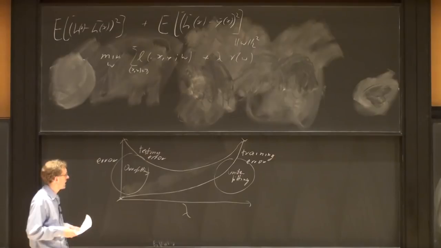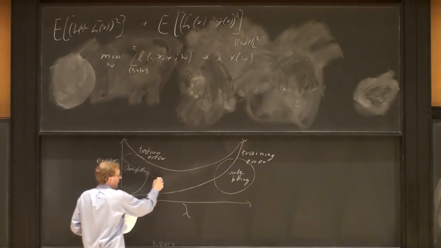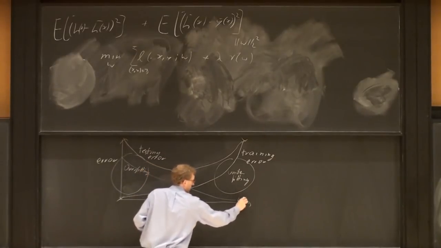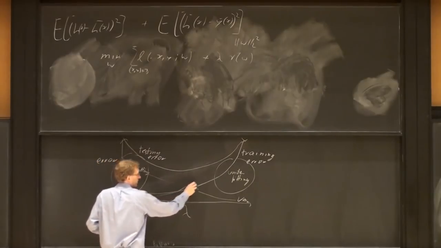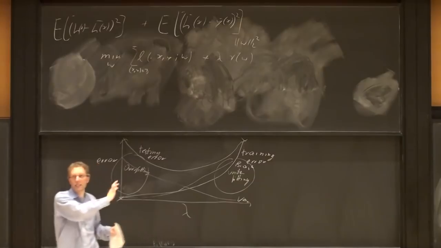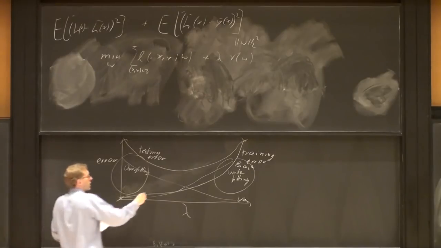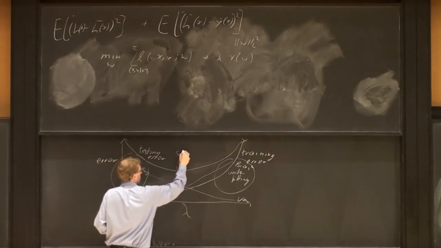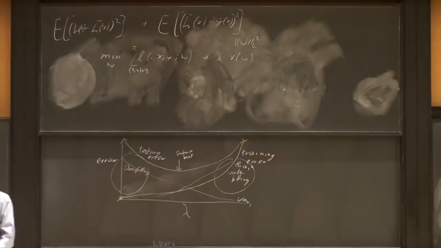In this regime here, the variance is really high, and it goes down. This is the variance. And the bias goes up. This is the bias. The noise in this case is just constant, so we don't have to look at it. And so the question is, how do we find this sweet spot?